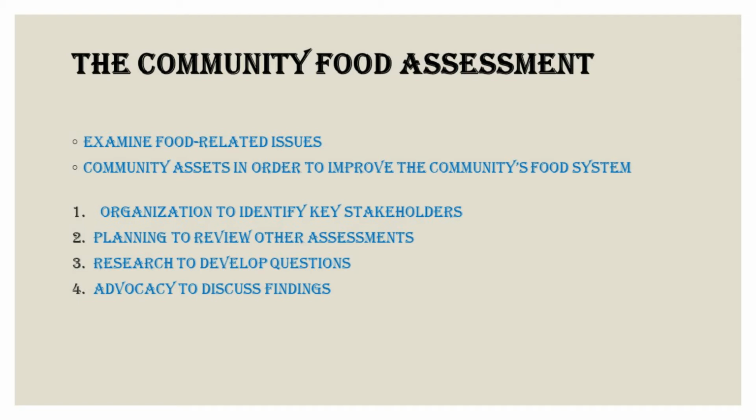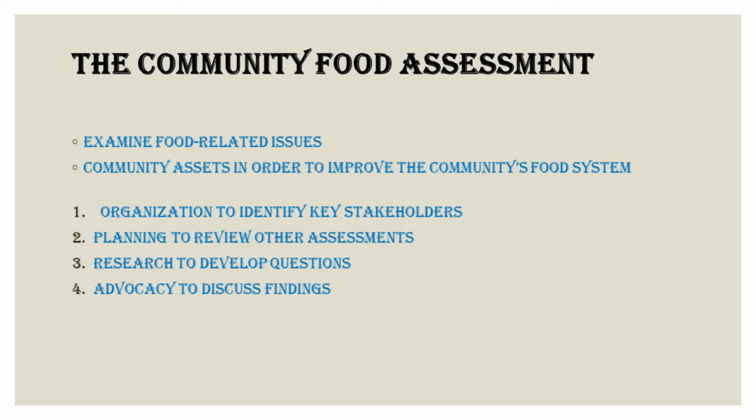Significantly, this type of assessment focuses on meeting the needs of low-income and other marginalized populations, examines a variety of issues and the connections between them, and generates specific recommendations and actions aimed at improving the local food system. A community food assessment includes four different components.